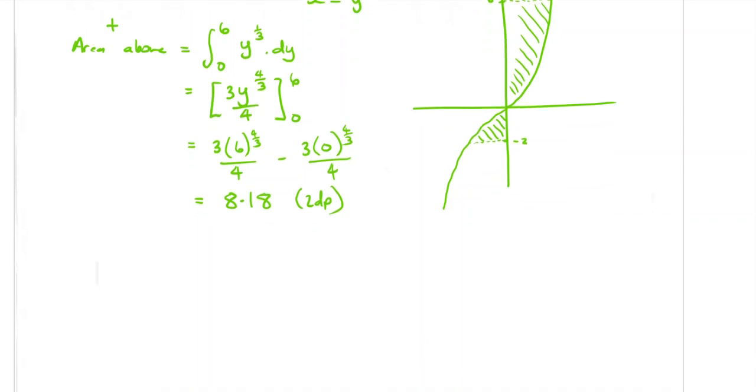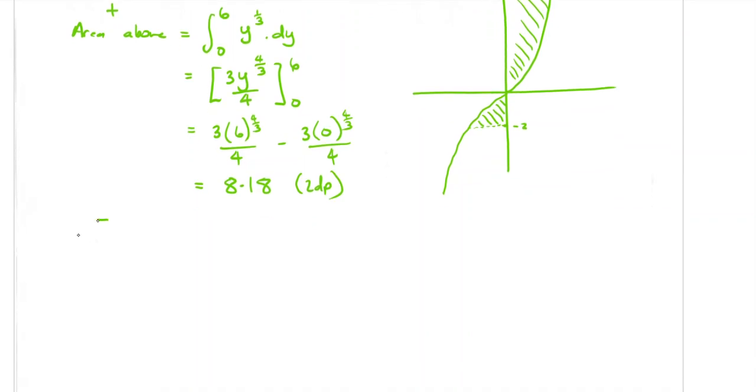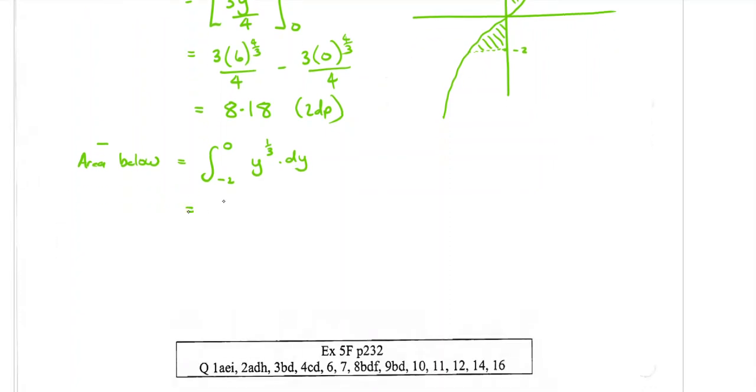Okay, now I want to do my negative area or area below, which means I'm integrating from -2 to 0. Smaller number on the bottom, remember, -2 to 0 of y to the 1/3 dy. So the integral part is the same. When I integrate it, I get the exact same thing, y to the 4 over 3 over 4 over 3, which I flip upside down to be 3 over 4, between 0 and -2.